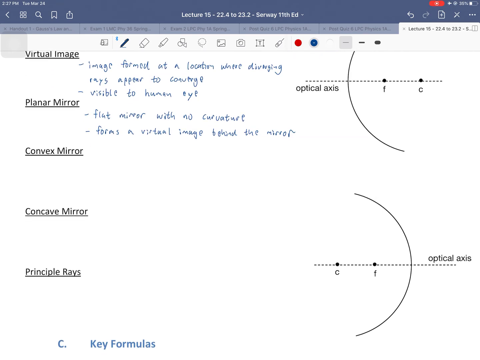The two types of curved mirrors are convex and concave. So a convex mirror is a mirror that curves inwards. All right. So, I meant outwards. Concave is inwards. So a convex mirror is a mirror curved outwards.